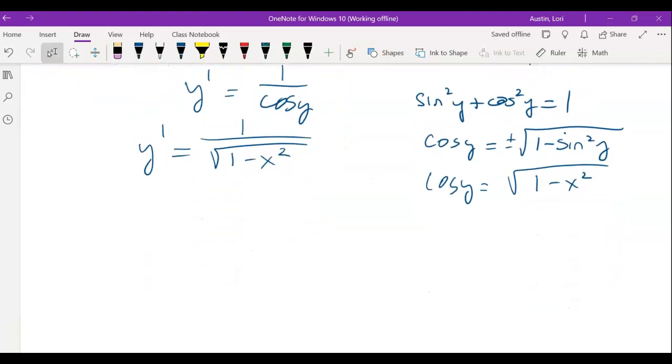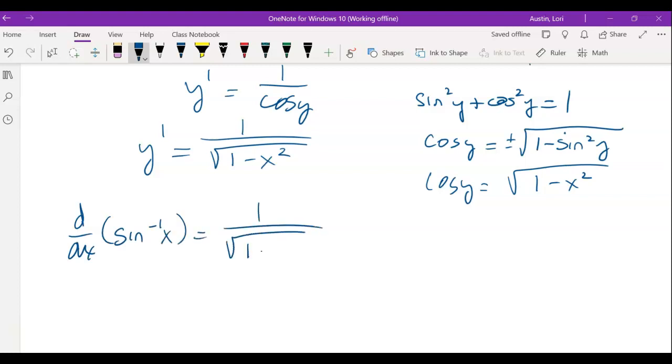So here they are. d dx of sine, that's the first one. I'm not going to do them all with you, but you can get them using implicit differentiation.